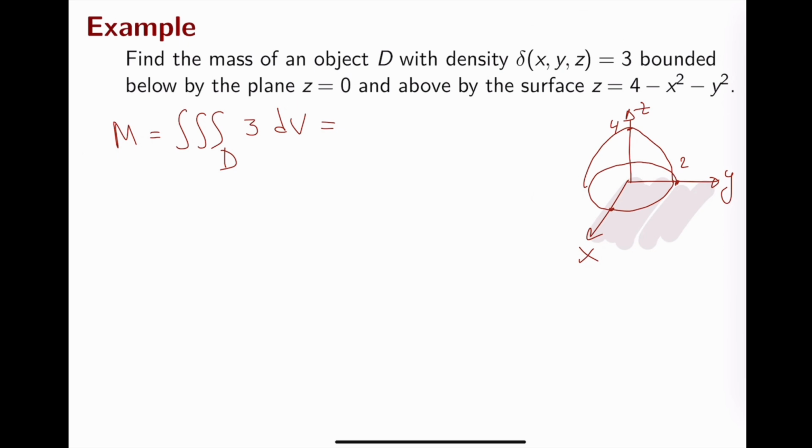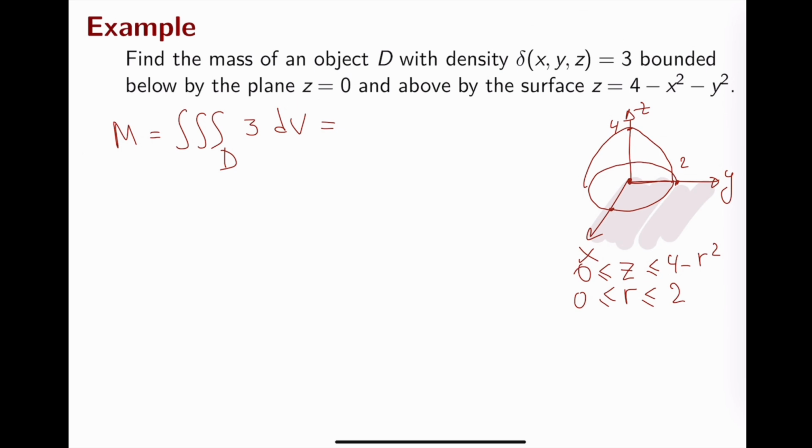So to describe the solid using cylindrical coordinates, r is going to vary between 0 and 2, right? The z variable is going to go from 0, from the ground, to the top that is given by 4 minus x squared minus y squared, but we know that x squared plus y squared is r squared in cylindricals.